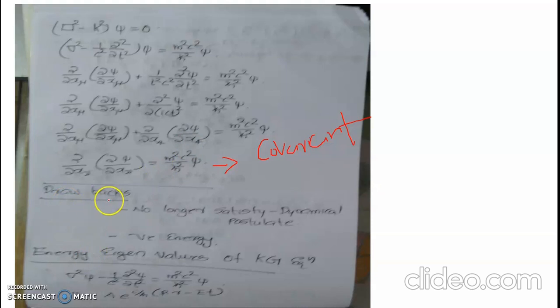Now the major drawbacks that we have to discuss are associated with this theory. We have seen that this equation is second order in both space as well as time. For an equation to satisfy the dynamical postulate satisfied by any equation of motion, the equation must be first order in time.